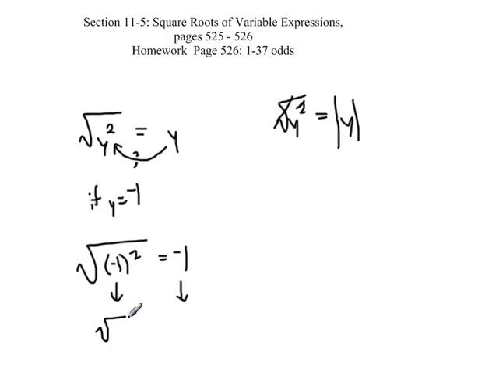This would be the square root of -1 times -1, which is 1. And the square root of 1 is 1, not -1. Over here, though, you have a -1 writing it down each step. So what you've stated is that 1 equals -1, and that's not true. The way you prevent that from happening is putting absolute value signs around that situation.